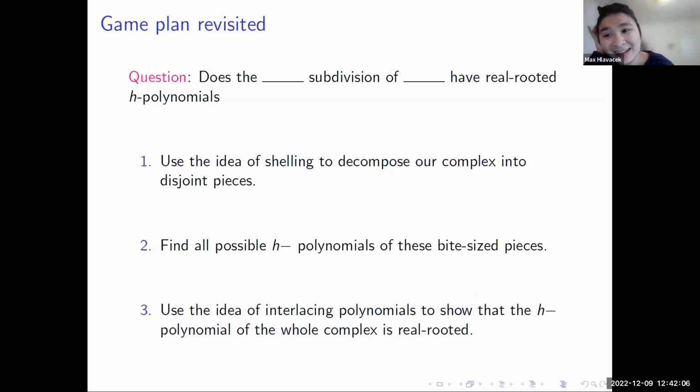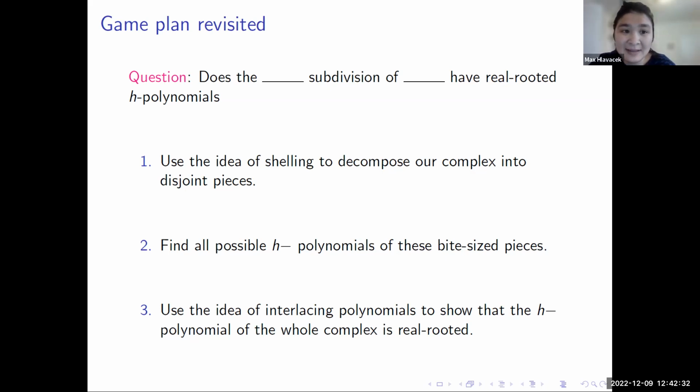So I want to revisit this game plan. Before, when we saw this slide, it said: does the barycentric subdivision of the boundary complex of cubical polytopes have real-rooted h-polynomials? If you go back to our most general theorem, that's just starting with a complex and a subdivision, we can replace these things with a different type of subdivision or a different type of complex.